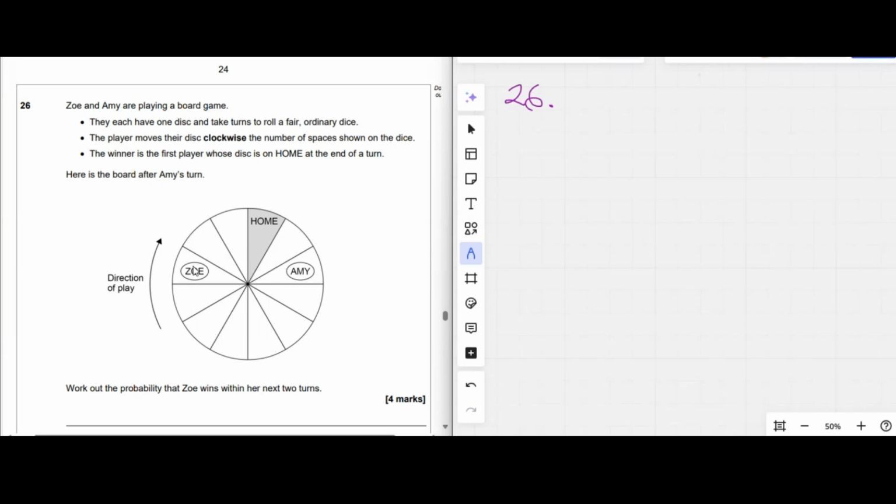Zoe. Next 2 turns, so she should have 1 and then 2, or 2 and then 1, or just 3, and she will win after that first roll.